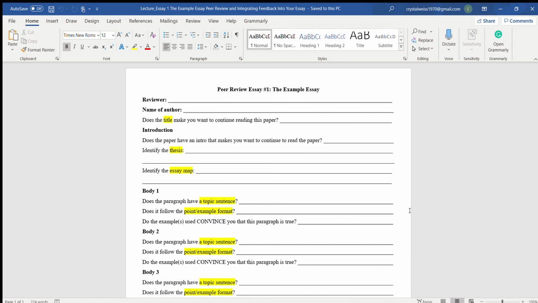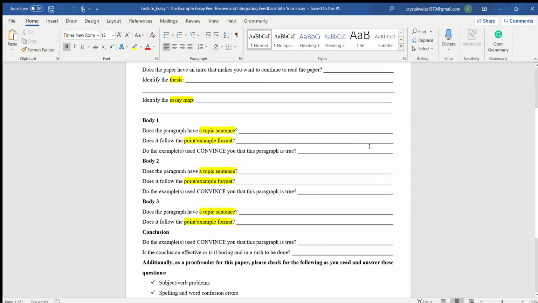You take the things that are being done on this peer review sheet. If, say, in body 2, does this paragraph have a topic sentence, and the peer reviewer wrote no, well, you go look at body 2 and find out why they wrote that. Can they not recognize what you consider to be your topic sentence? If they don't, then you might want to look at that and try to figure out why they don't recognize that as your topic sentence.